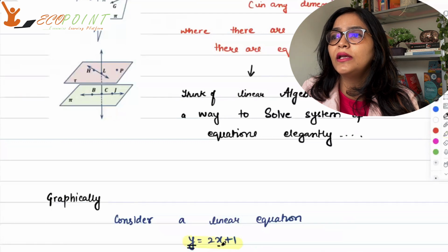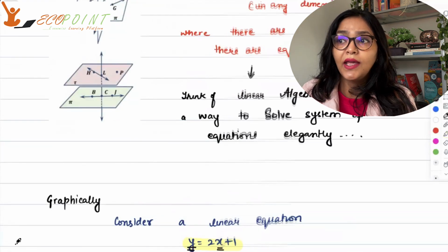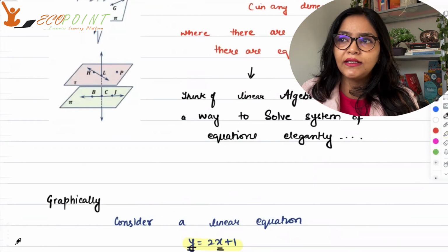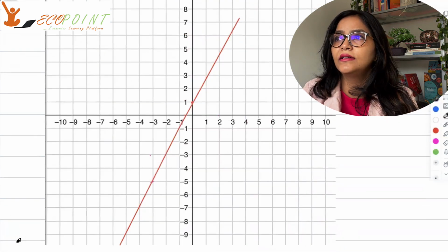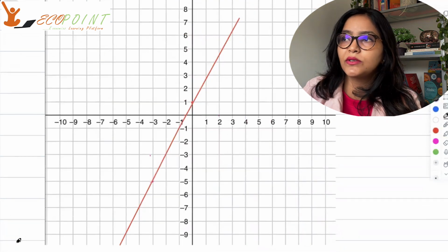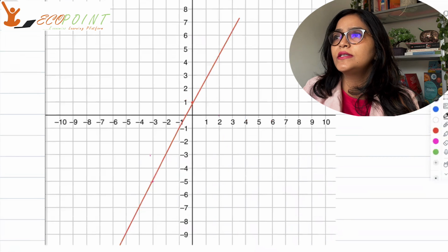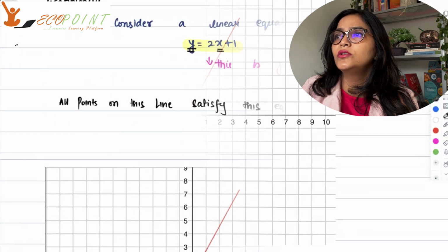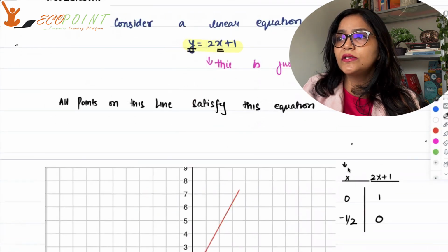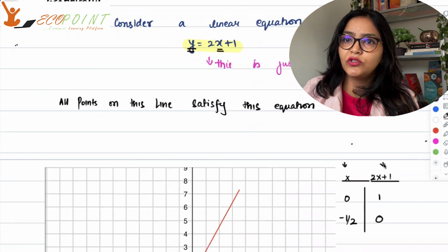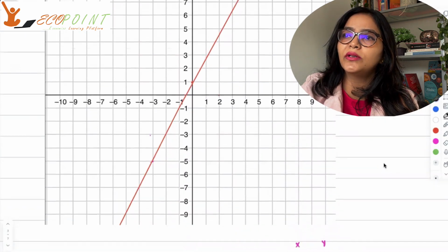One is y, one is x. This graphically represents a line. This is the line y equals to 2x plus 1. How do you graph it? It's very simple. Just give certain values to x and attain y, which is 2x plus 1, and then plot a graph.